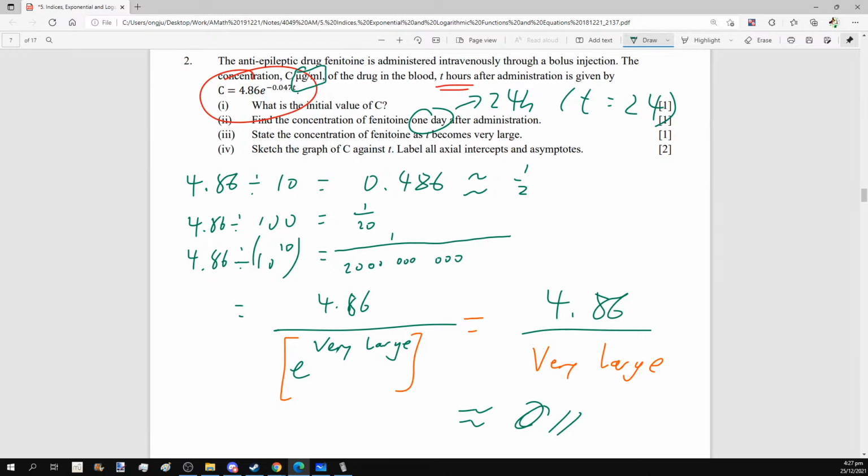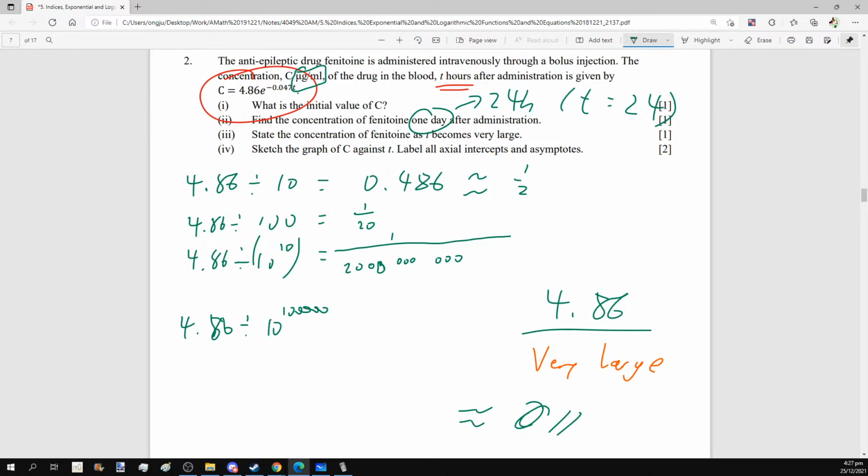So eventually you can imagine that if I take this 4.86 divided by the largest number you can imagine, let's say for example 10 to the power of 1 million, you can expect it to be 1 over something that's even larger. And so far what we see is that the denominator keeps increasing.